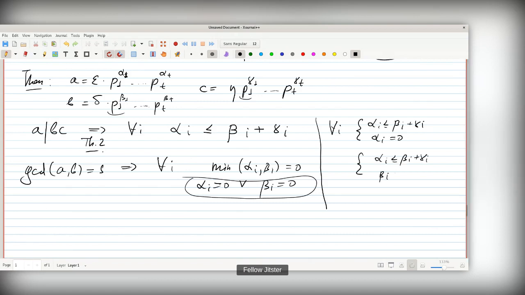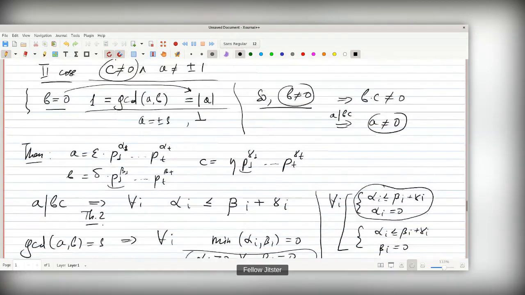And the second case results from beta I being equal 0. And for the first case, what do we need, by the way?